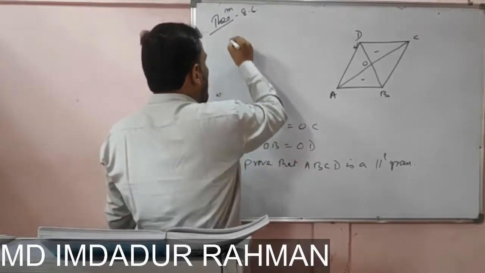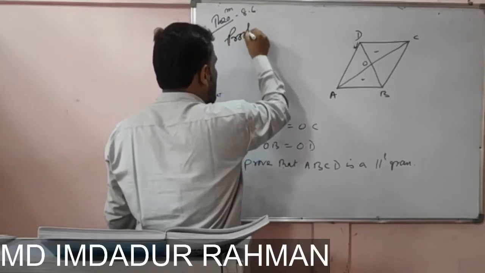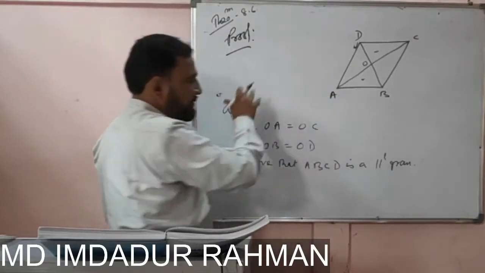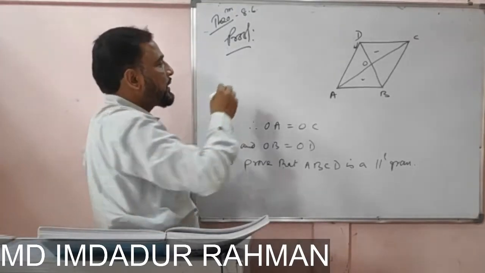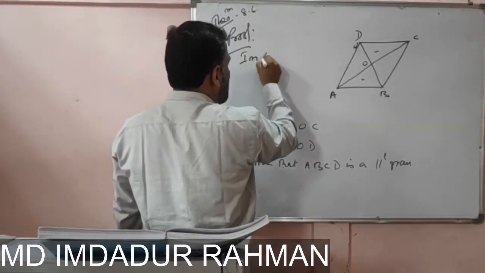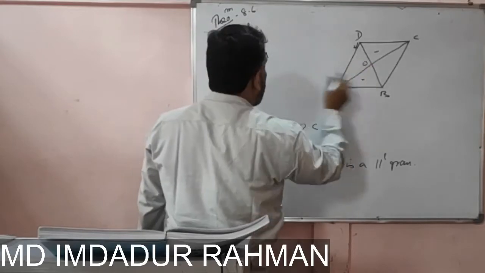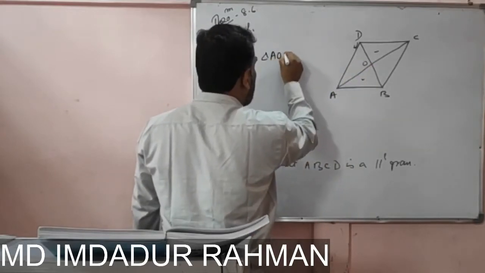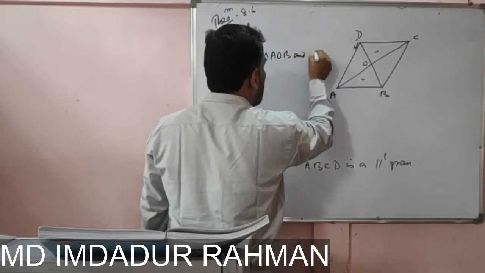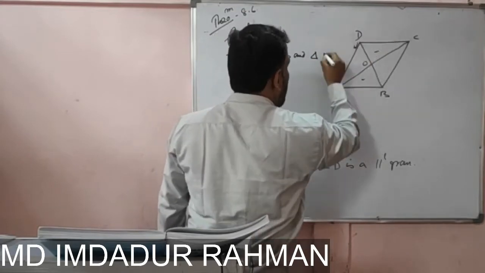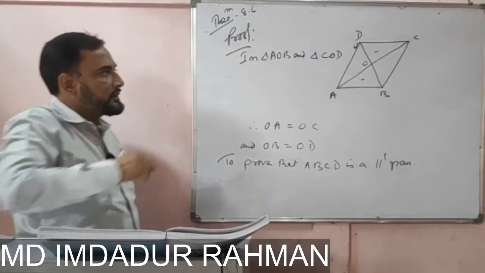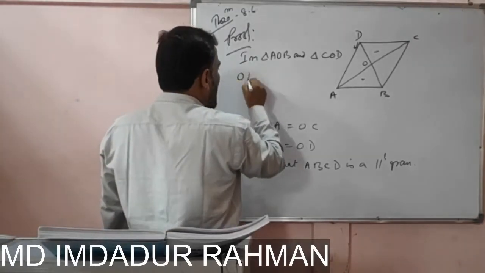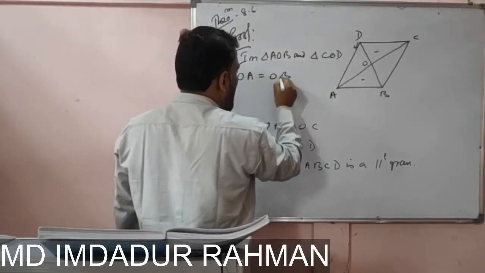So in the proof, the construction is given in the first part. Now in triangle AOB and triangle COD, what are we getting?